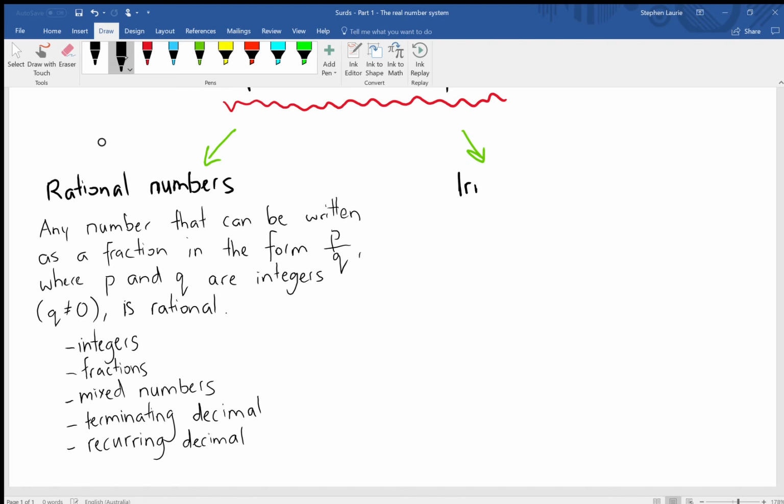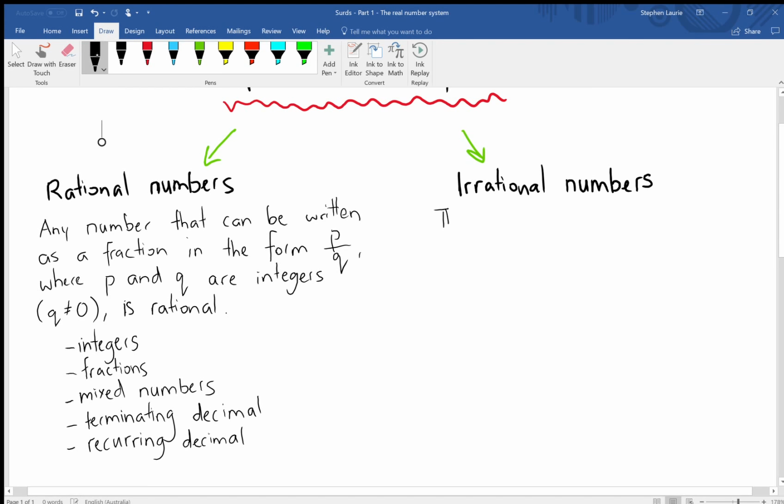So we've had a little look at rational numbers. So everything that's left must be irrational. Okay? Everything that's left must be irrational. So let's define that.